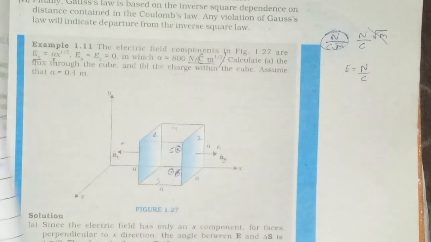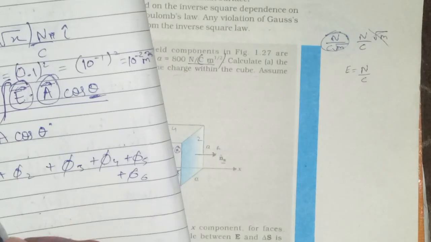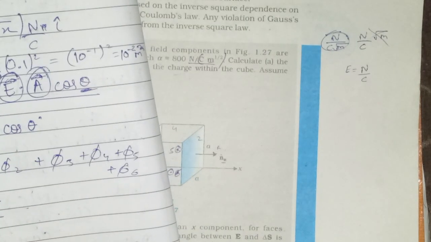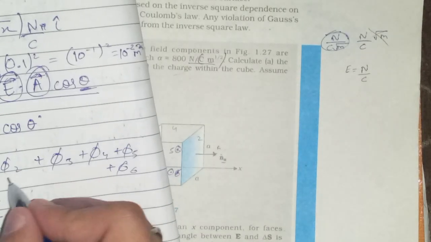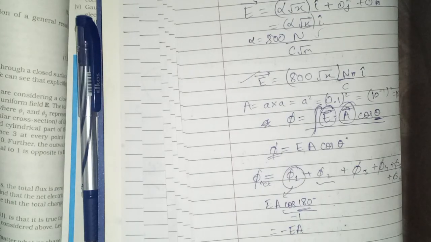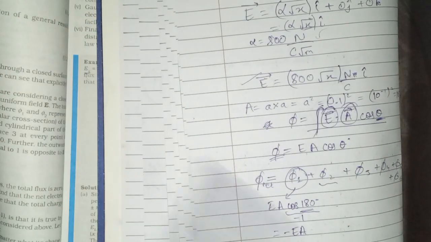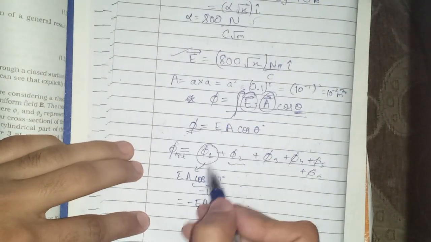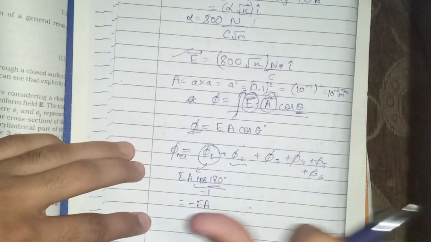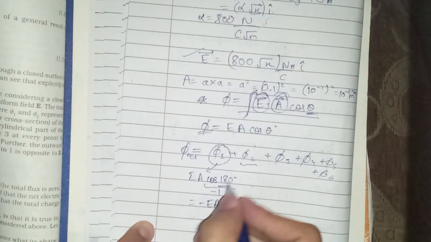Now see the first surface. For the first surface, it is EA cos 180 degrees. Since the area vector is pointing in the minus x direction, minus i cap, and the field is in the i cap direction, theta is 180 degrees.